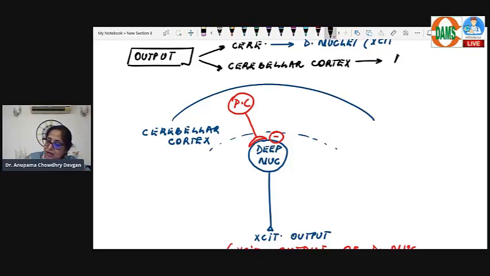It is the Purkinje cell. So this is what is meant by output. Output of the cerebellum is the deep nuclei, an excitatory output. Output of the cerebellar cortex is the Purkinje cell, which modifies the excitatory output of the deep nuclei.